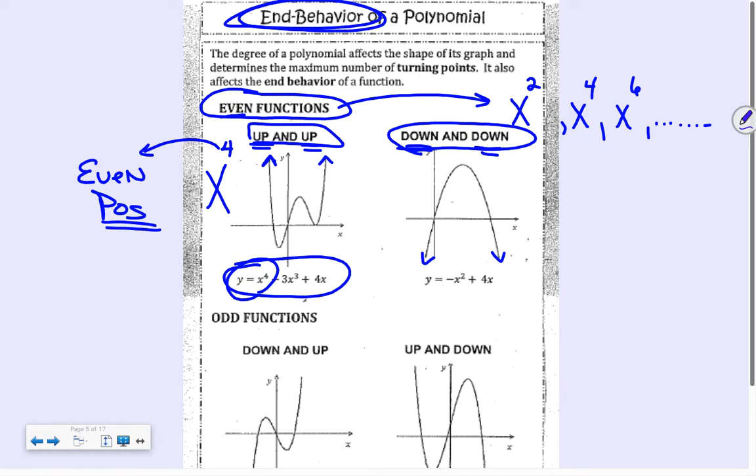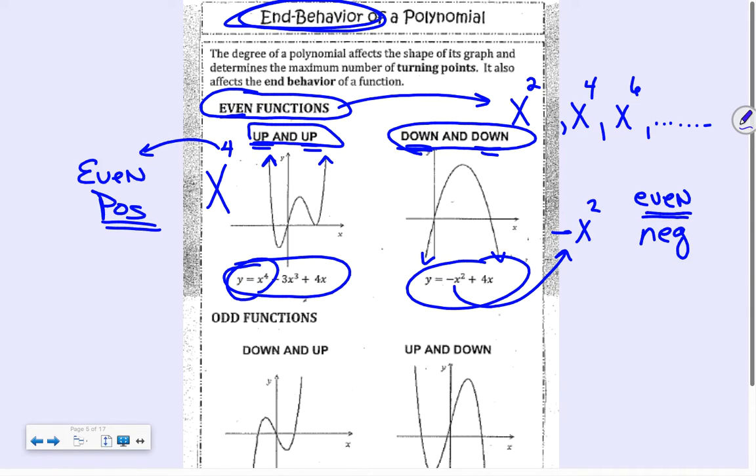Well, look at the next one. Look at your x squared. X squared is even, and what do you notice in front of it? It's negative. When you have an even function and it's negative, it's going to go down, down. Okay? So how do I know if a function goes up, up, or down, down?